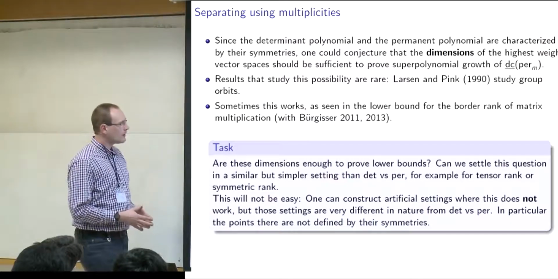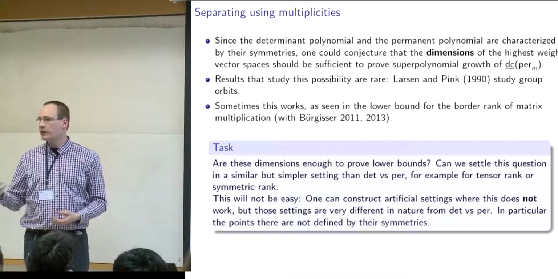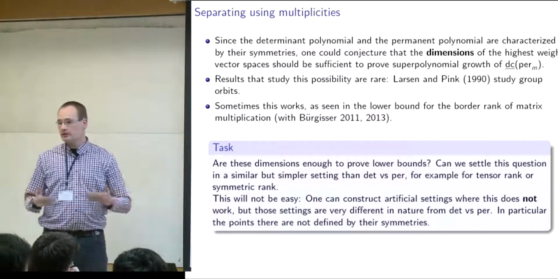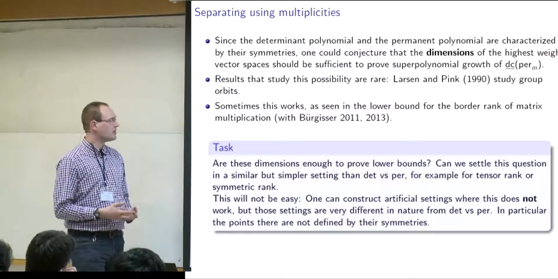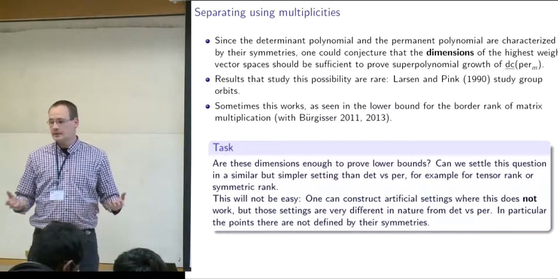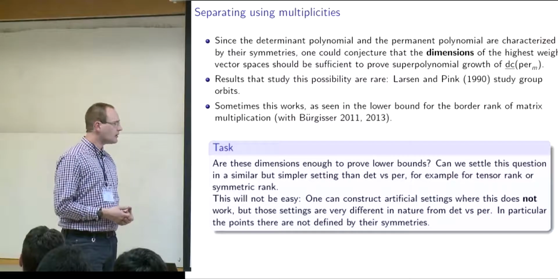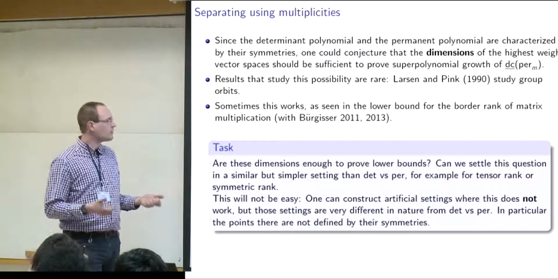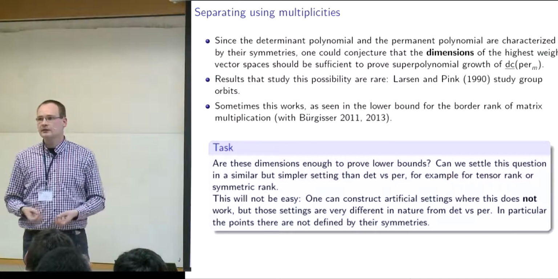What one does is cook up some very artificial setting and see that it doesn't work, but that doesn't give any information about our problem at hand. We need to know the key properties in the determinant versus permanent setting, and one of them could be that these points are determined by their stabilizer, by their symmetries. That could be what makes it possible to separate by just looking at these multiplicities. This might or might not work, and one should definitely look at an easier example, at least one smaller case, to get some intuition on whether this is a valid approach.